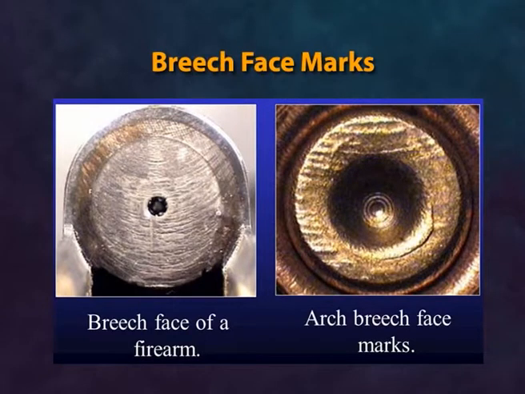The irregularities on the breech face may thus leave their impressions on the head of the cartridge case. These marks are known as breech face marks. The breech block of a weapon is usually surface finished by a milling tool or file, either of which leaves tiny striation marks on the face of the block.